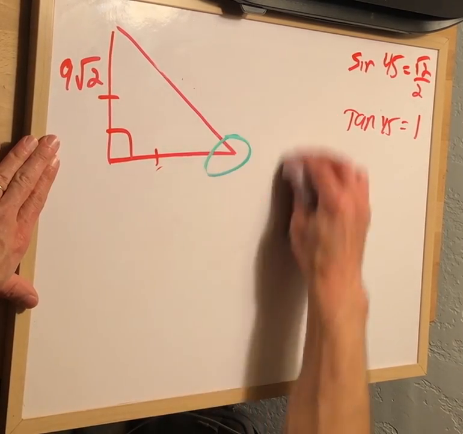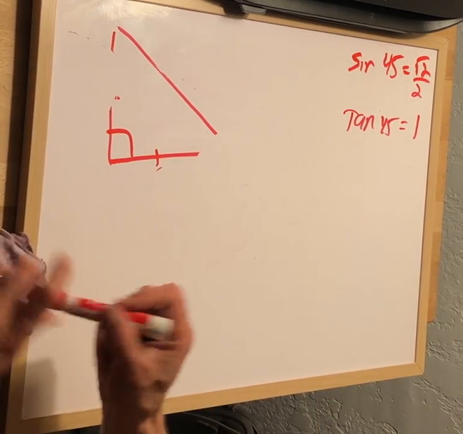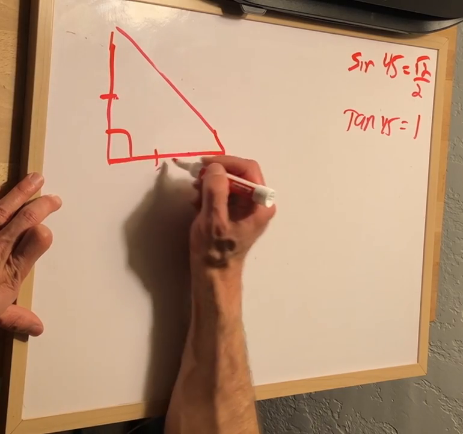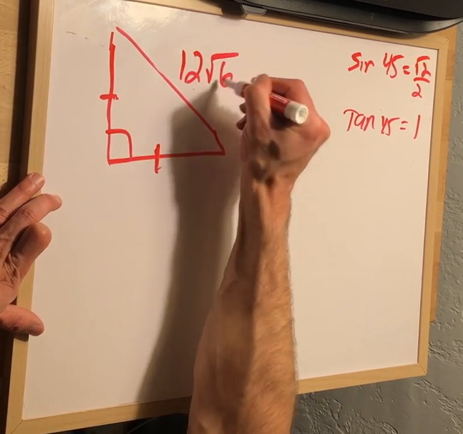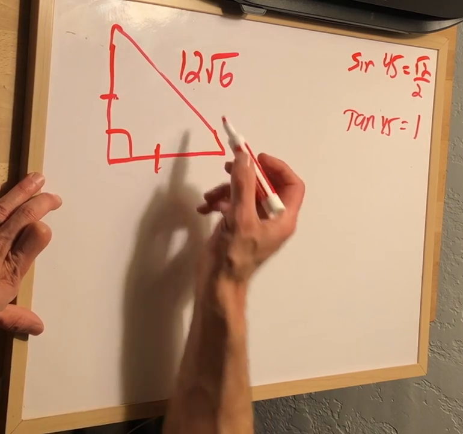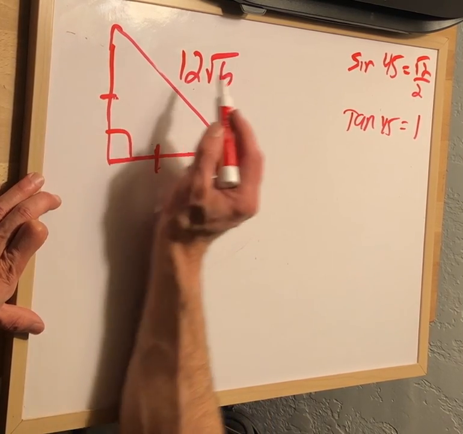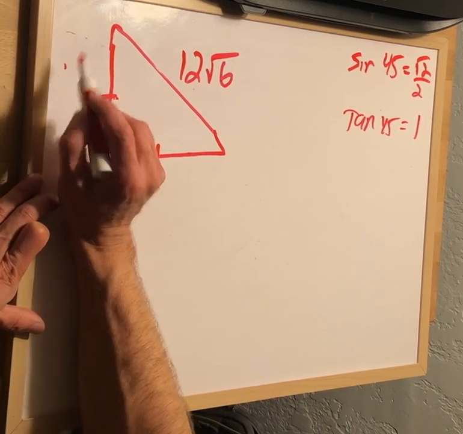All right, so the very last question. Another right triangle. It's a 45, 45, 90 degree right triangle. And if this is 12 root 6, this is half of that times root 2. So this is a number, and this is half of that number times root 2.